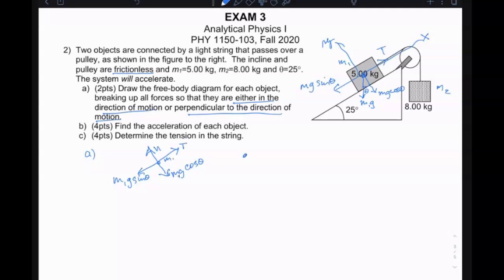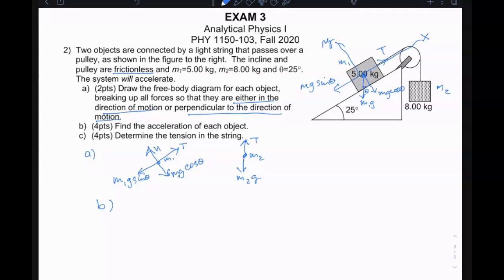For mass 2, it's simpler. We just have the tension force acting up and its weight acting down. And that's the answer to part A. In part B, we're asked to find the acceleration of each object.